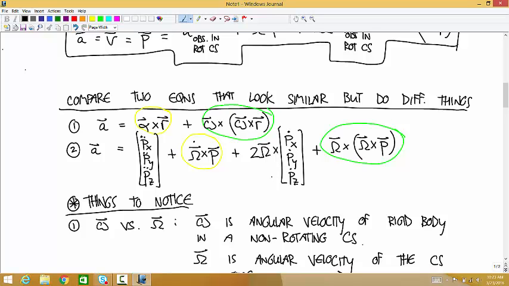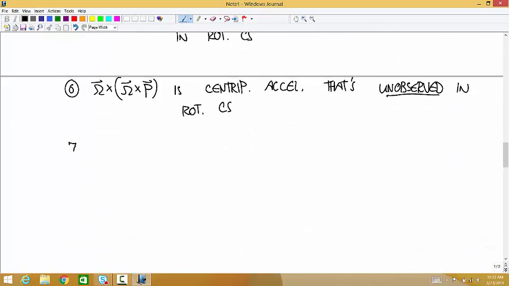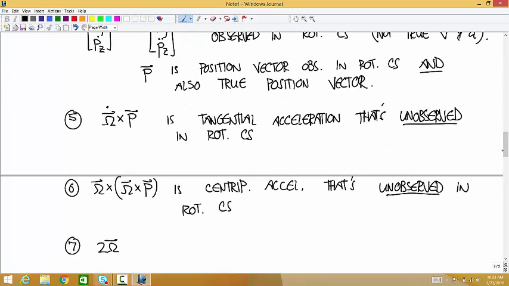And then there's this third one that doesn't look familiar. That's called the Coriolis acceleration. So 2 times capital omega cross components dot is called the Coriolis acceleration.